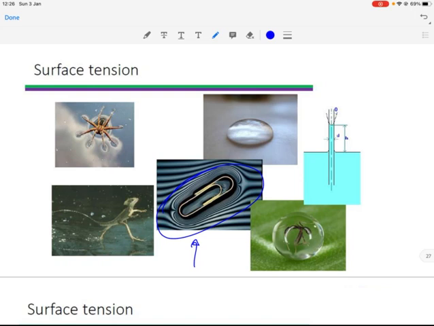So if you put this clip submerged into water, it cannot be floating at all, right? Because the buoyant force is not enough to make it float. This is one example of surface tension. It means that this metallic clip is floating on the water surface. It does not really break the surface of the water.